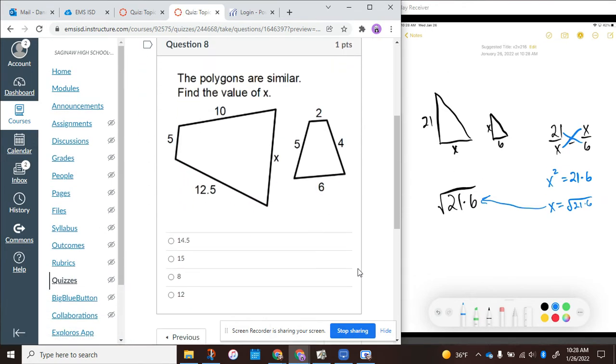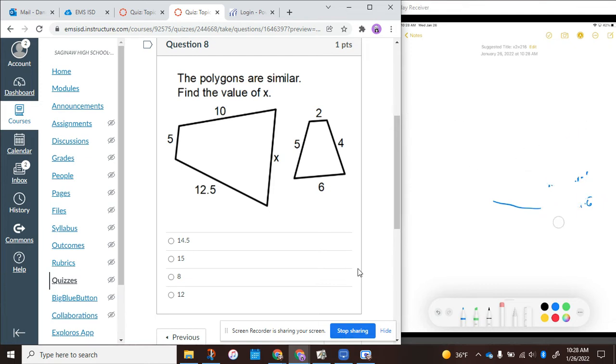Question number 8 tells us that the polygons in this picture are similar to each other. Okay, I'm not going to redraw that whole entire thing. I'm just going to try and point to it with the mouse here, and then set up our proportions however they need to go. Polygons are similar. So that means there is a relationship.